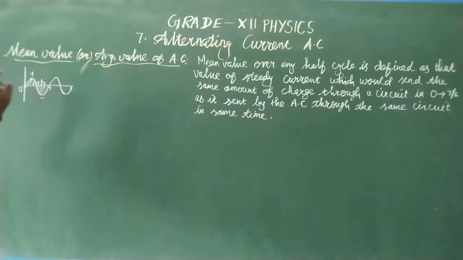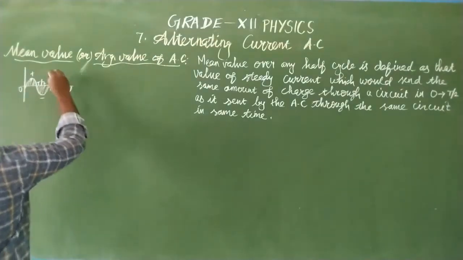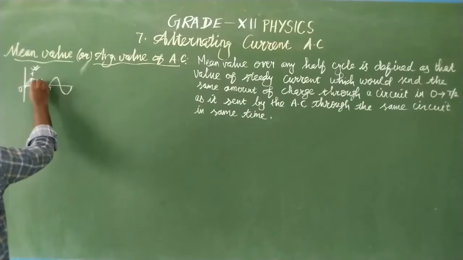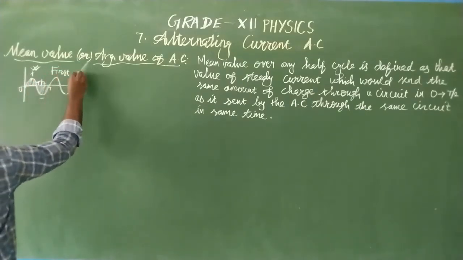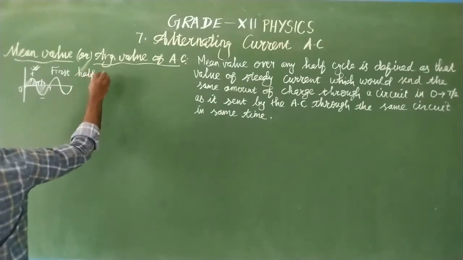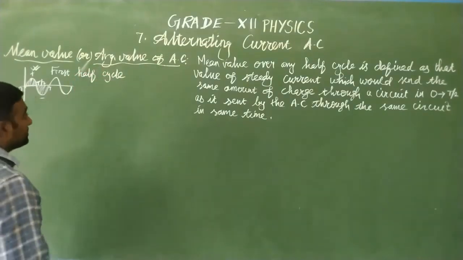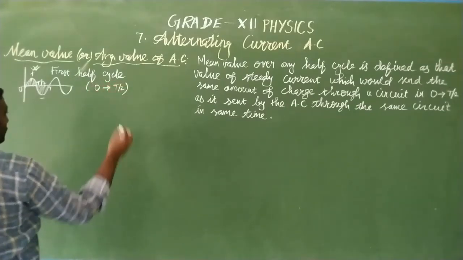Okay, now we are going to determine the mean value of AC in the first half cycle, that is from 0 to T by 2. In the first half cycle, we are going to determine the mean value or average value of AC. The first half cycle means it is from 0 to T by 2.